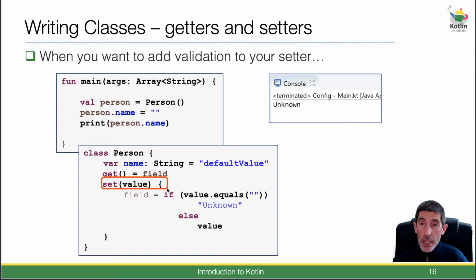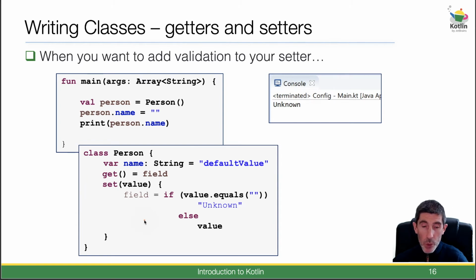Here's our set, but we're overriding it ourselves as the developer, and we assign the field property an if expression. If the value, the one that's getting passed in, happens to equal the empty string, we're going to return an unknown value. Otherwise, just set the value as would happen by default.